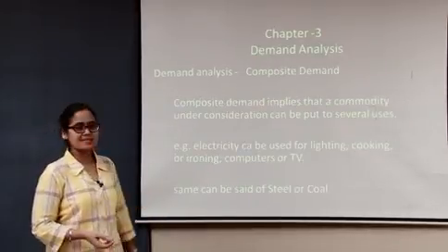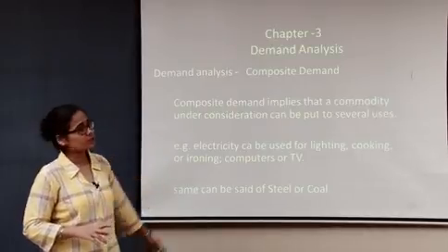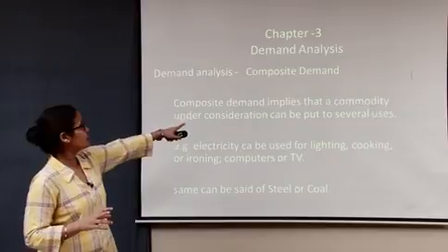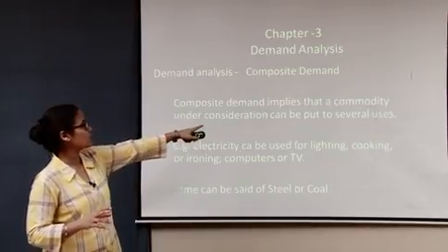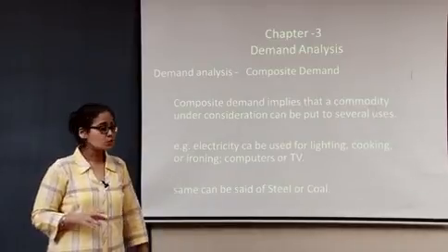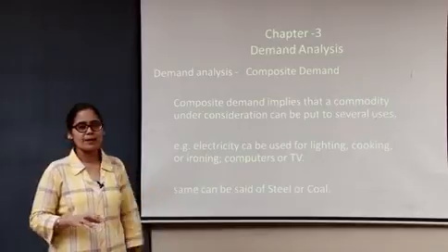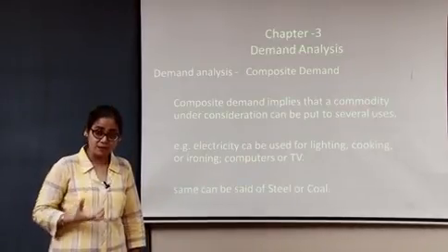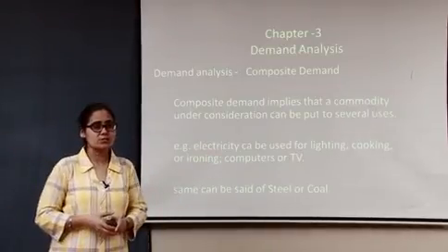We move to the next type of demand called composite. Very, very important. You have questions in the exam on composite demand. Composite demand is the demand for a commodity, a product which can be put to several uses. So here they have given you electricity. Or when you take an example, you can say any material, raw material or resource which have alternative uses.